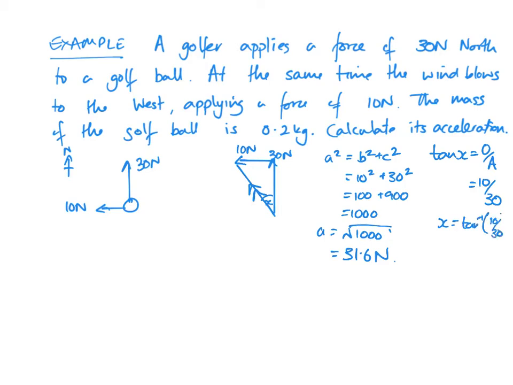You can still write it as 10 over 30 or 1 over 3. So we've now got a resultant force, and for our F equals ma, that becomes the unbalanced force.